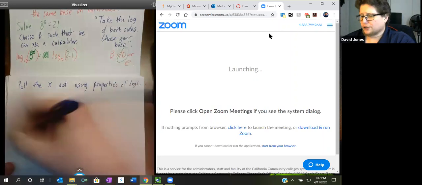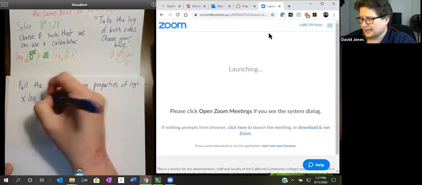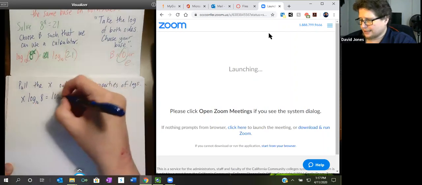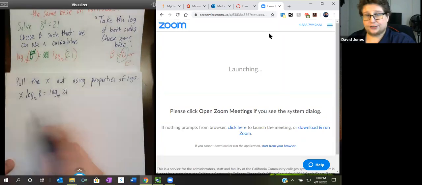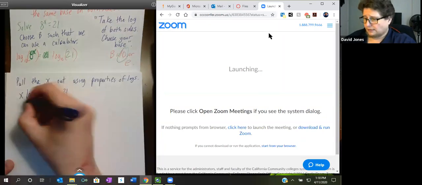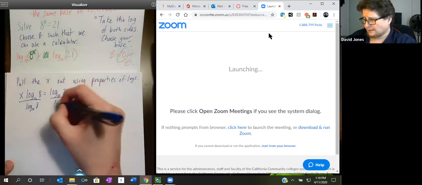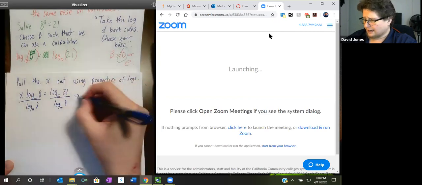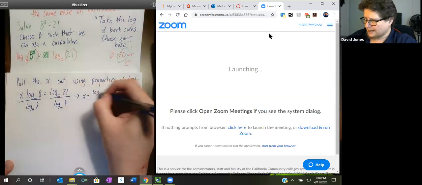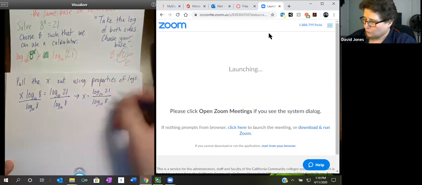Remember, the exponents can go out front. I have x times log base 10 of 8 equals log base 10 of 21. These are just numbers. Divide by log base 10 of 8 on both sides, and I get x equals log base 10 of 21 over log base 10 of 8, which is exact.